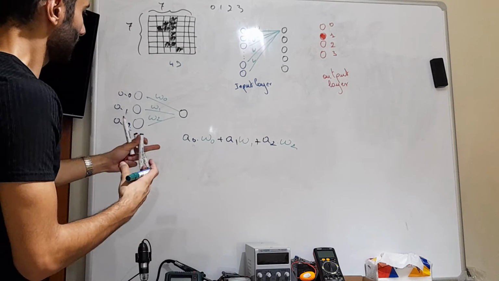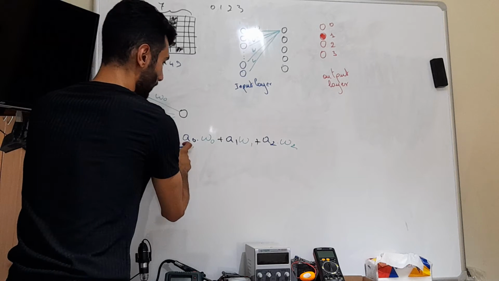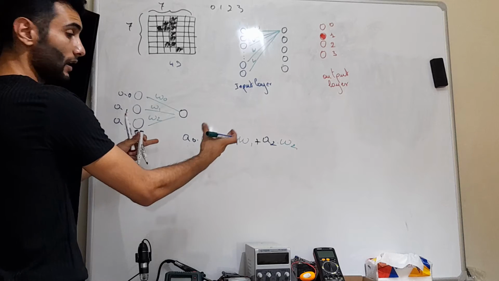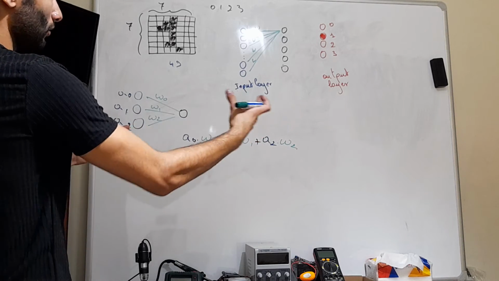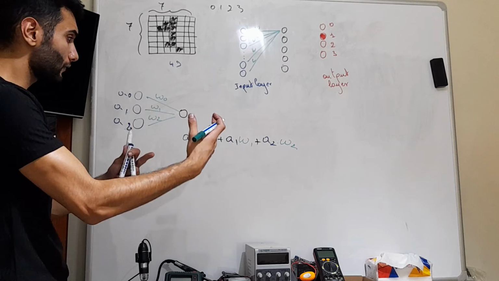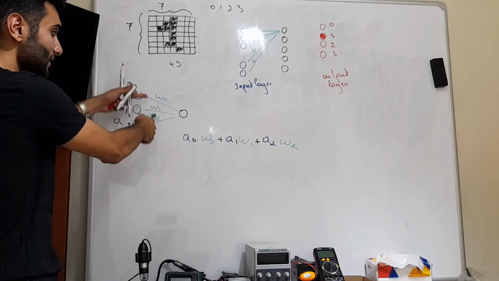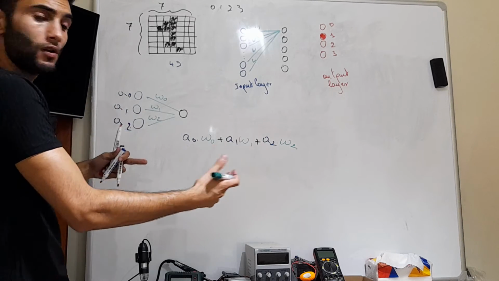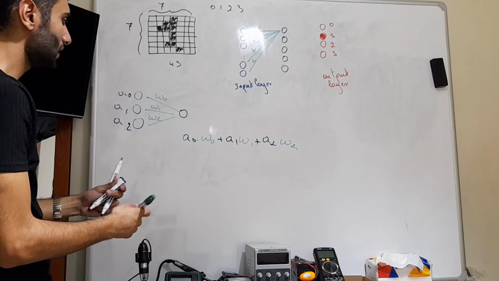So this mathematical summation will spit out a certain number, which can be a negative number or a positive number, it doesn't matter, because weights are numbers that may vary. They may be -4, +6, 0, etc.